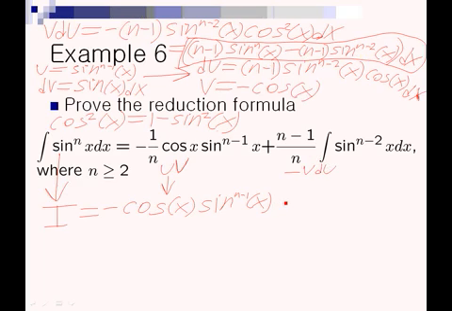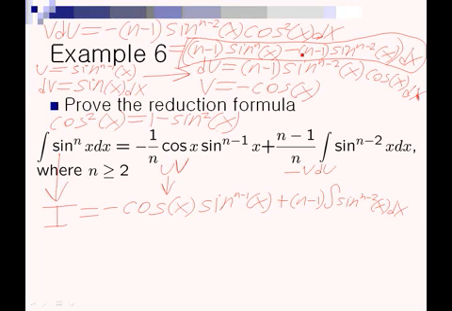So now we'll have a plus n minus 1 integral of sine to the n minus 2 of x dx.